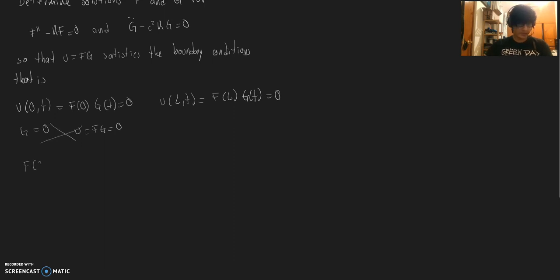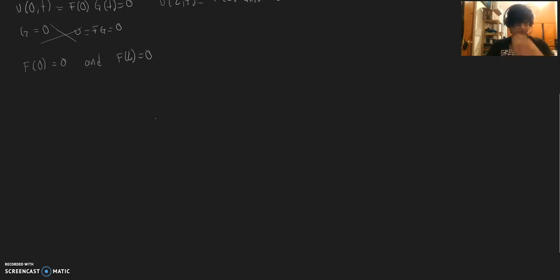Therefore, f at 0 would be equal to 0 and f at L would be equal to 0. That can help because this is not telling us that the string will not be fluctuating at different times, just that at these points it will have no fluctuation.